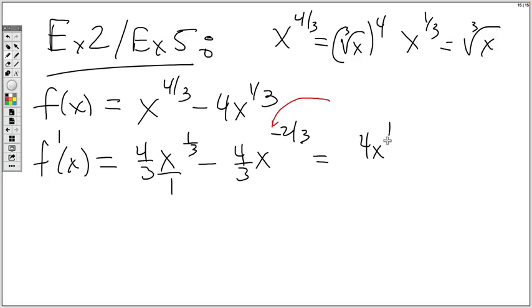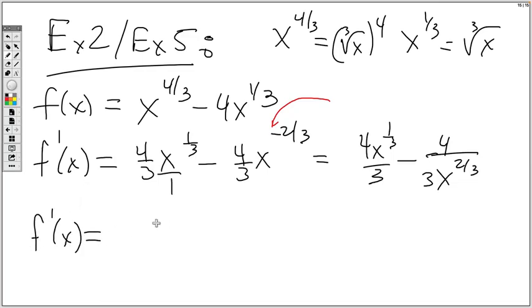I've got a 4x to the 1/3 divided by 3 minus a 4 divided by x to the 2/3. So x to the 2/3 is down in the denominator with the 3. So when we go to get a common denominator to help us with our calculations, I need to have a factor of 3, but I also need a factor of what?